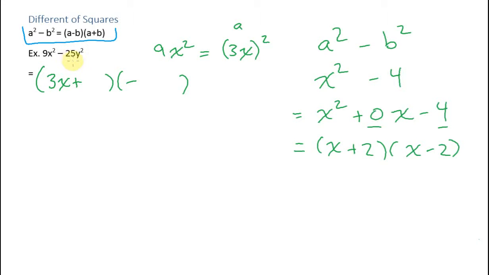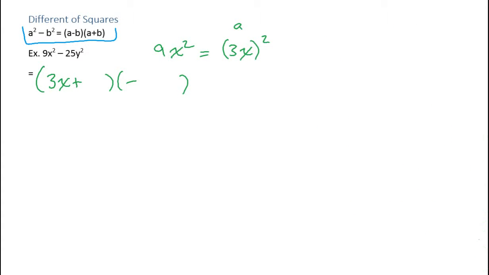Okay, now we need to do something with the minus 25y squared. We want to write that as a perfect square, so it can be b. We need to have something squared, so we have 5y squared.